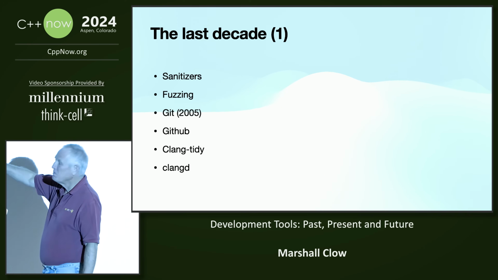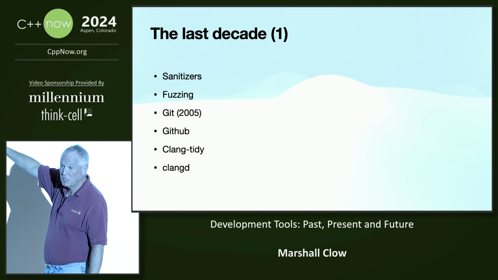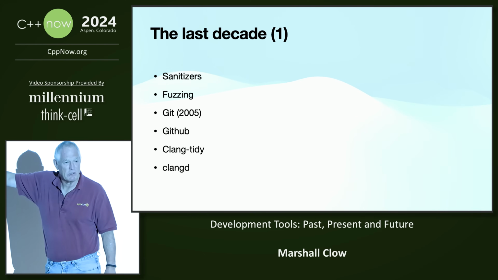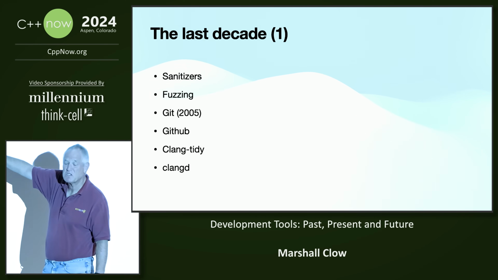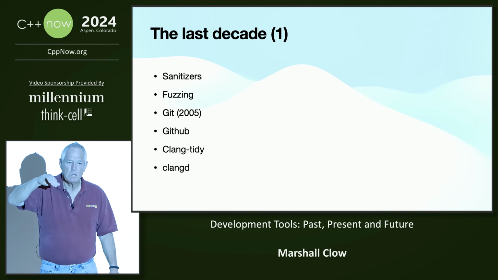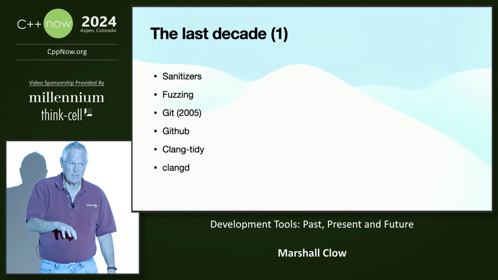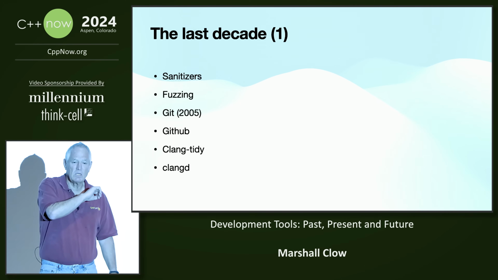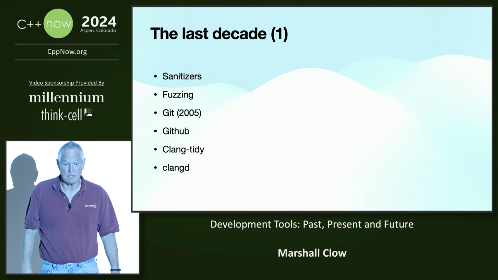Anyway, fuzzing and sanitizers play really well together. One of the things that address sanitizer or memory sanitizer or thread sanitizer does is it takes whole classes of inconsistent bugs and turns them into consistent bugs, things that happen every time.